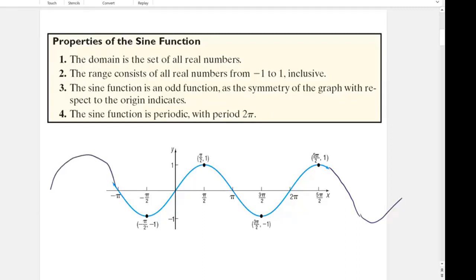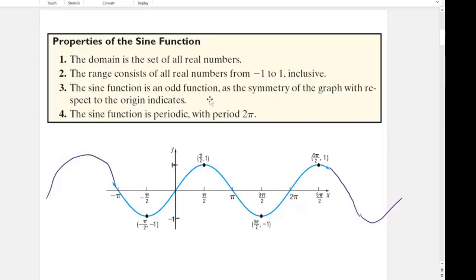Just keeps doing this thing. The range, so that's the y values, consist of all real numbers between -1 and 1. If I want to know what the sine of any angle is, the answer is between -1 and 1. Okay, and we can see that from our graph.